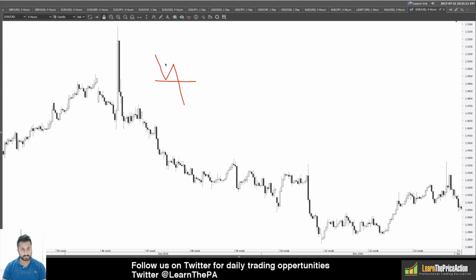So this set of lines is your resistance 1, and then your resistance 2. Okay, so if the market retraces, it can come as high as this point.